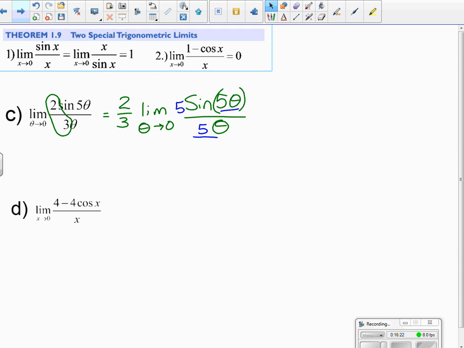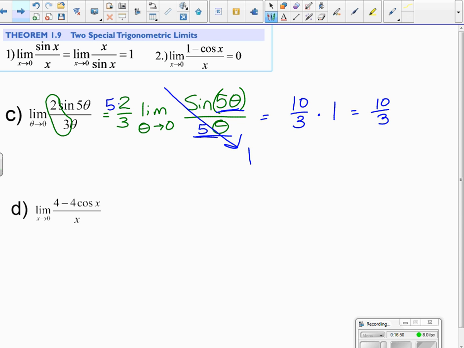We're going to bring the 5 from here out front, and I'll have 5 times 2 then, and then this is sitting golden because it matches up. So I'm going to have 10/3 times 1, giving me the answer of 10/3, because the limit of this is headed to 1. Some tricky stuff, huh?